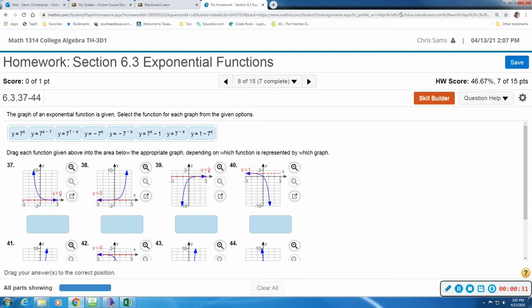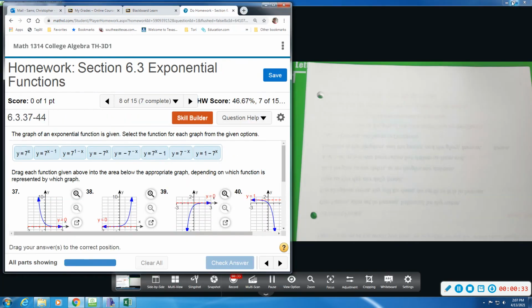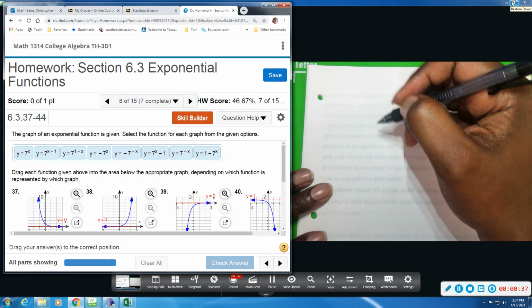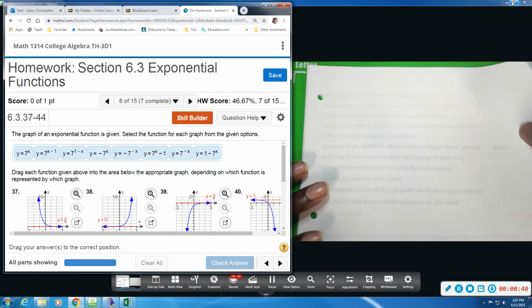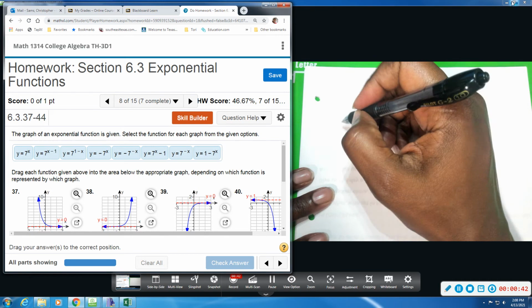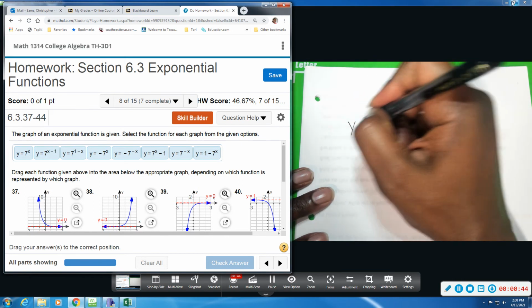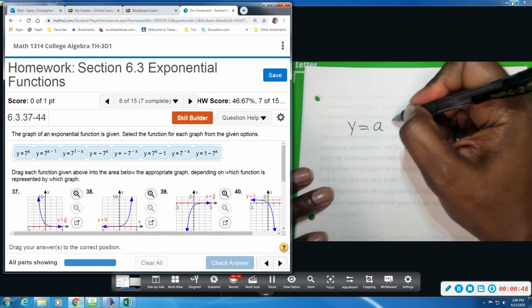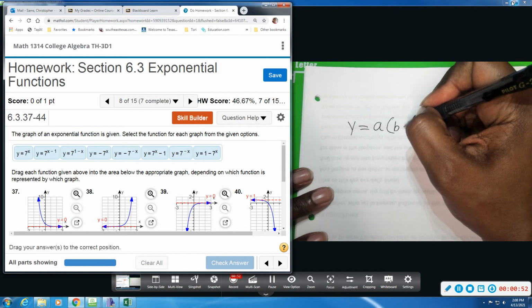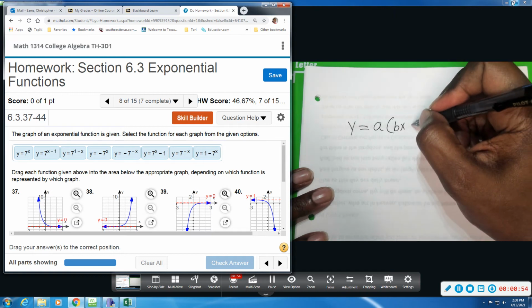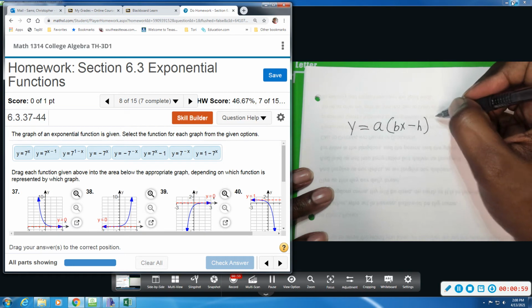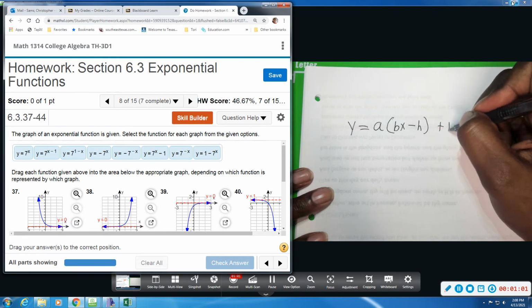So let's talk about what this looks like. Let's go back, recall transformations. I think y equals a parentheses, I think we use a b^(x minus h) close parentheses plus k.